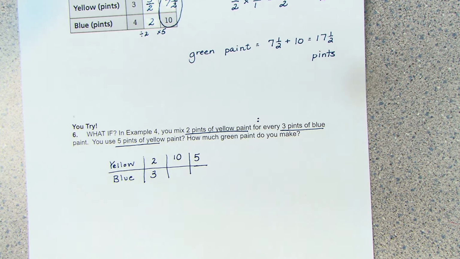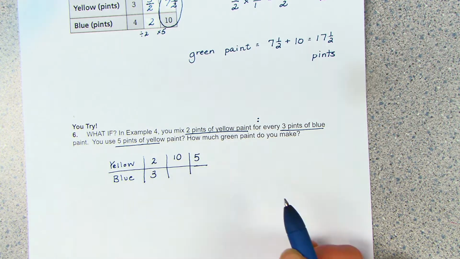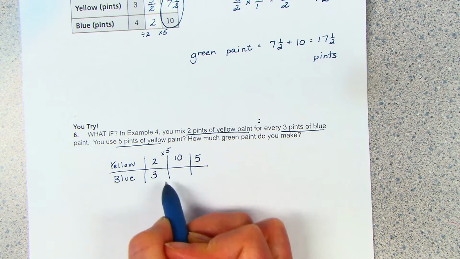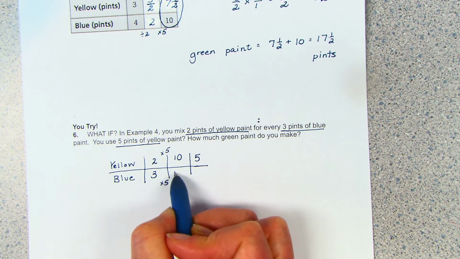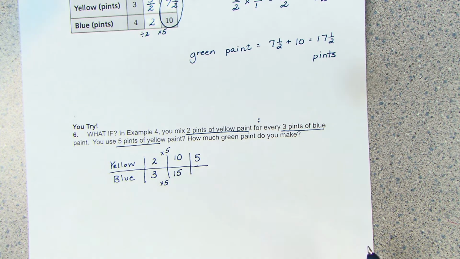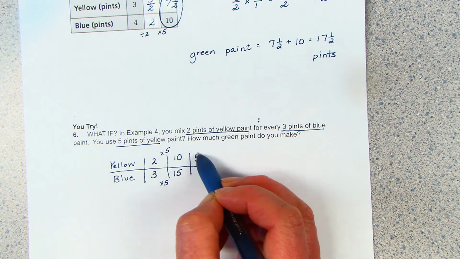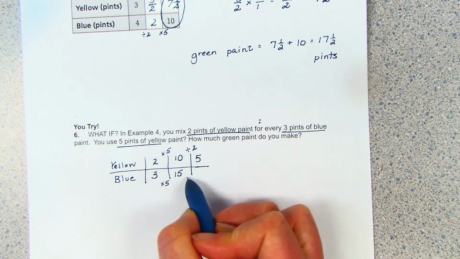Huh. So it doesn't have to be just a common factor. It can also be a common multiple. What do I do to 2 to get 10? This is times 5. So 3 times 5 is 15. And then to get from 10 to 5, I divide by 2.